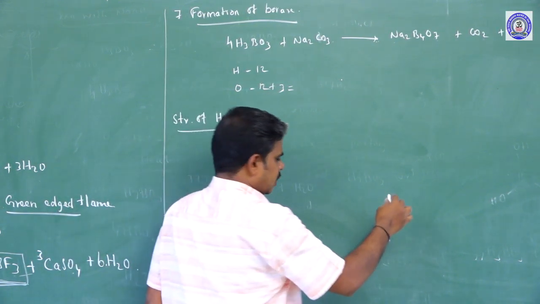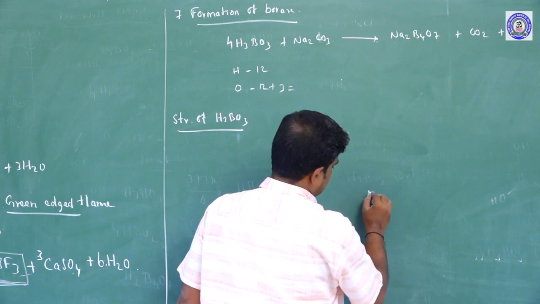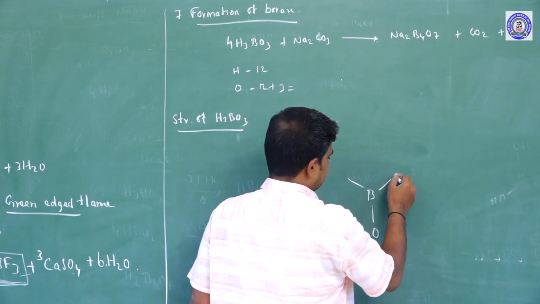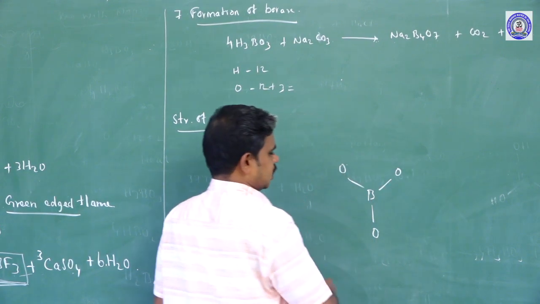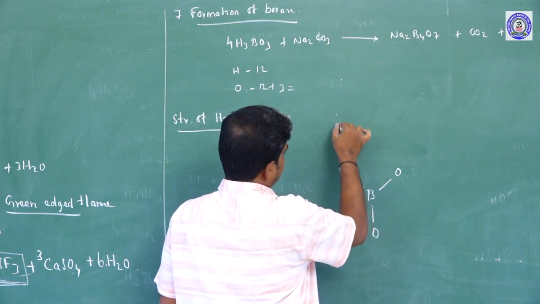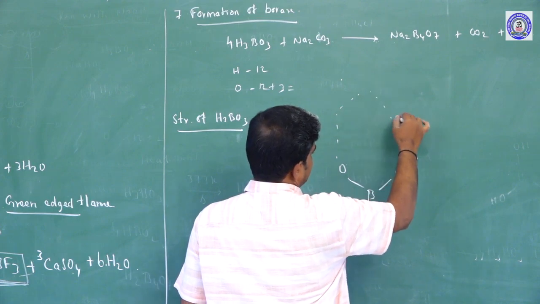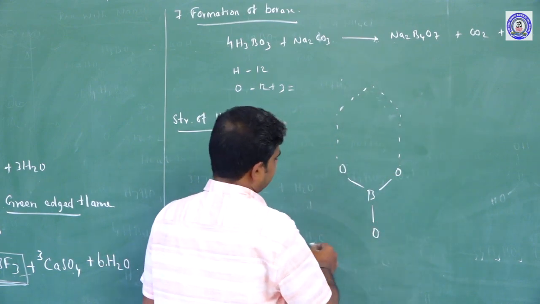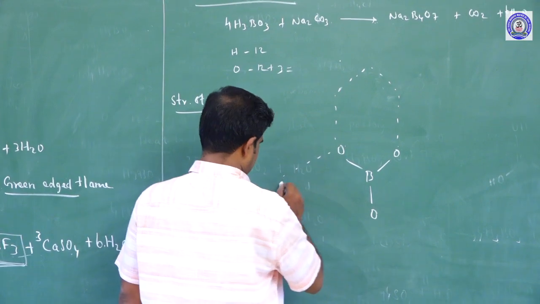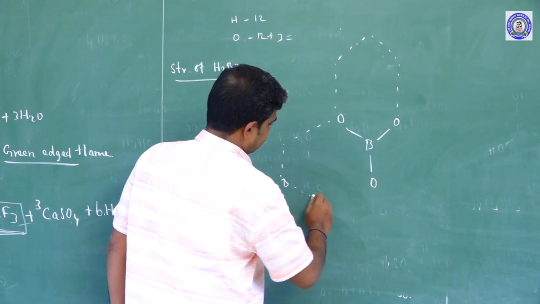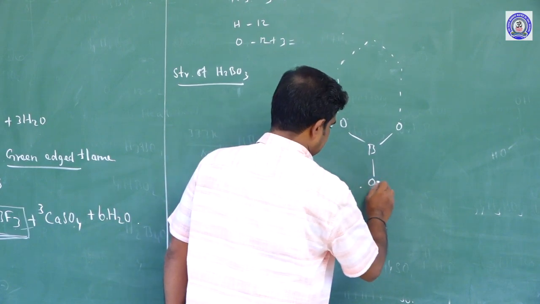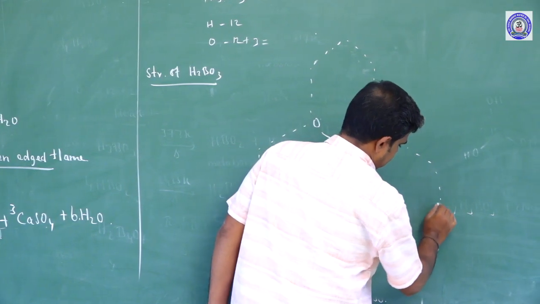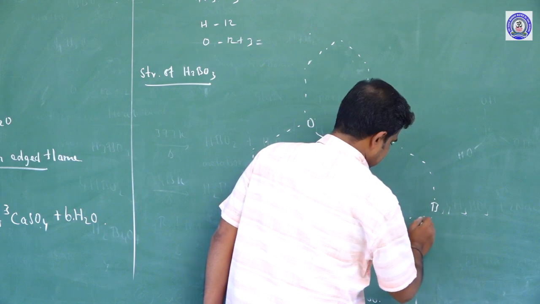Listen, here we take boron, and here oxygen, and oxygen and oxygen. We draw it like the ring structure of benzene, and here boron, here oxygen, and here boron and oxygen.